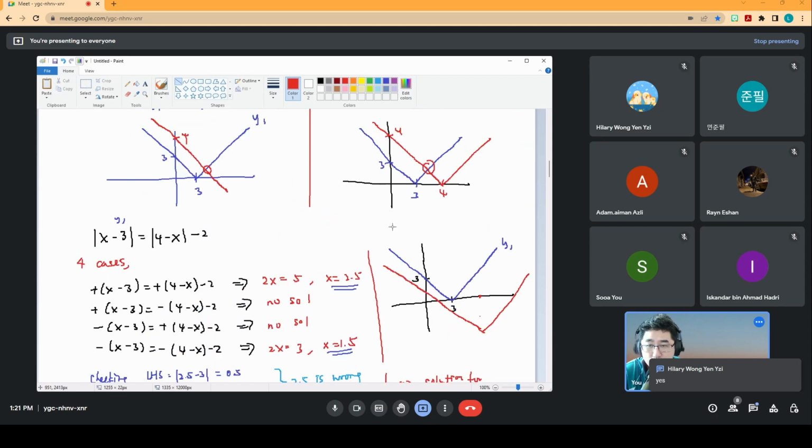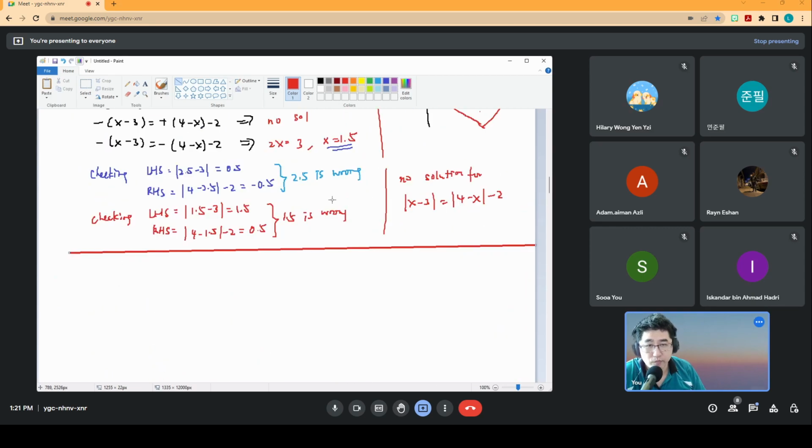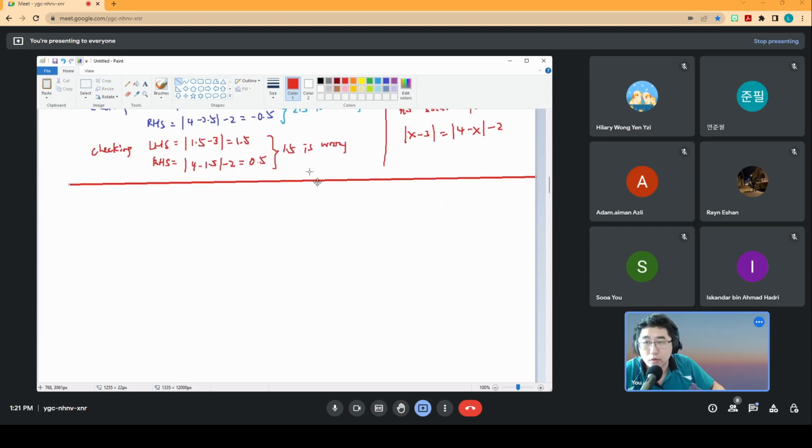Then after this is the inequality. Same thing first: we can tackle inequality equations by solving equations.